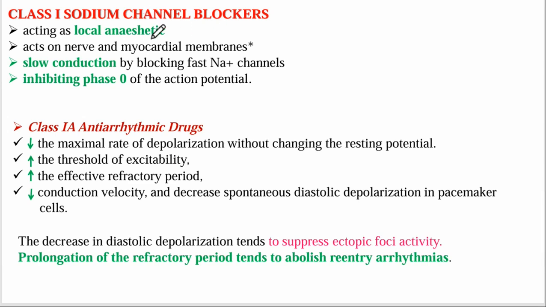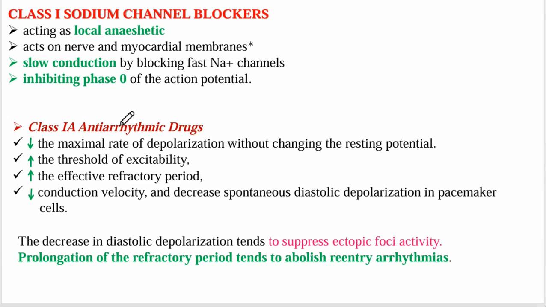Now these class 1 drugs act as local anesthetics, which act on nerve and myocardial membranes. They slow the conduction by blocking the sodium channels and inhibit phase 0, that is the depolarization phase of the action potential.